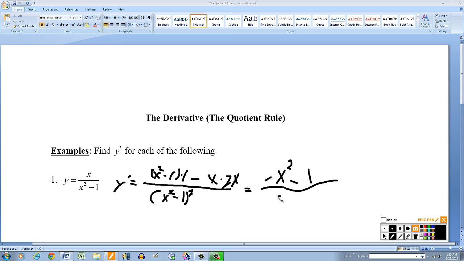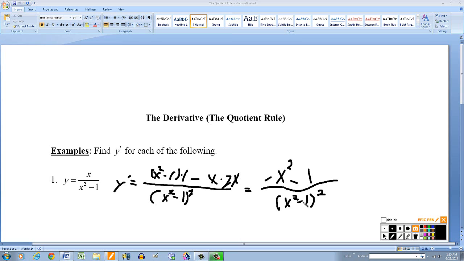And that's over the denominator squared. Okay, so the derivative of this expression then is minus x squared minus 1 over x squared minus 1 quantity squared. That's the quotient rule.